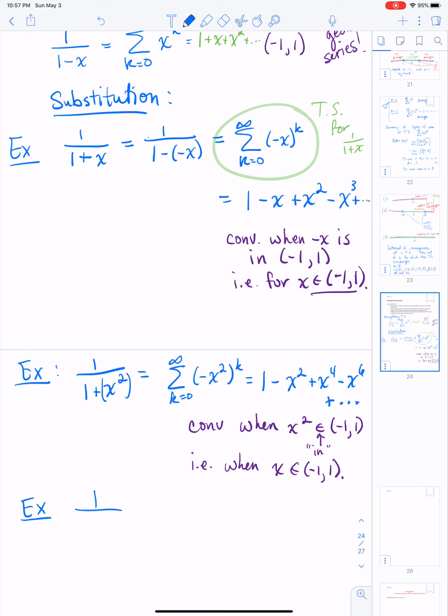Okay, so as another very, very similar example, 1 over 1 minus, let's say, 2x. Now we would be thinking about this as the sum from k equals 0 to infinity of 2x to the k, so equals the sum k equals 0 to infinity of 2 to the k x to the k.